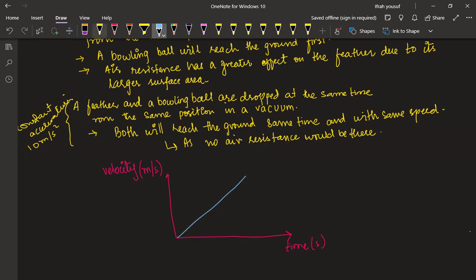This straight diagonal line shows a constant gradient. What does the gradient of a velocity time graph show? Acceleration. So if the gradient is constant, it will be a constant acceleration. Clear?